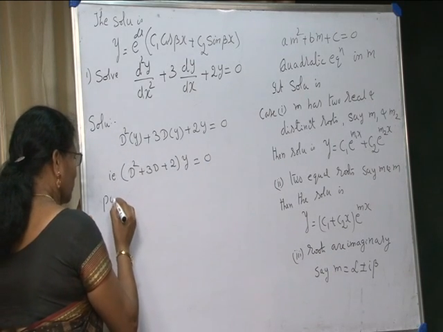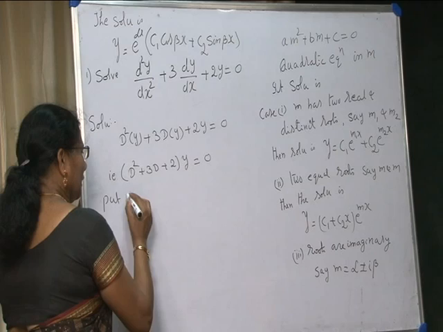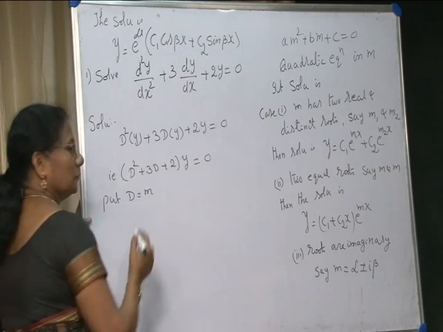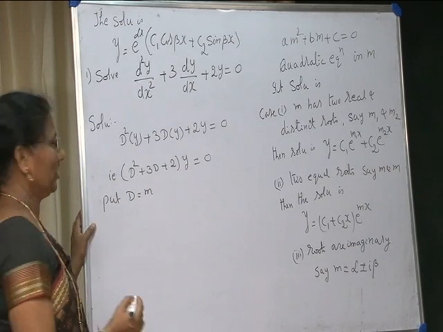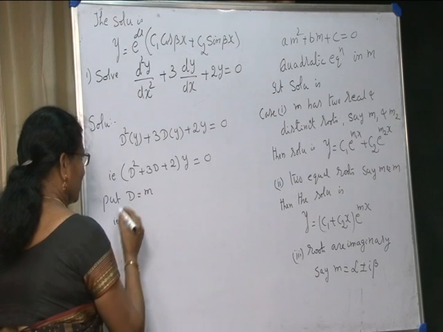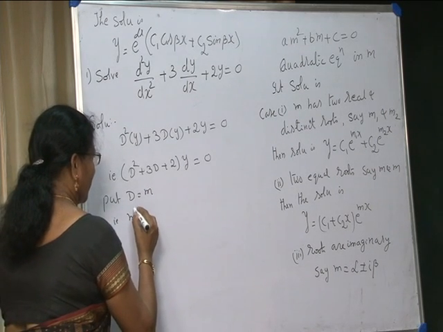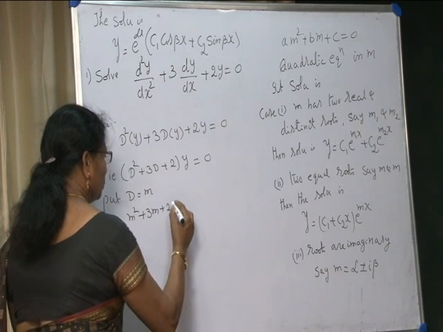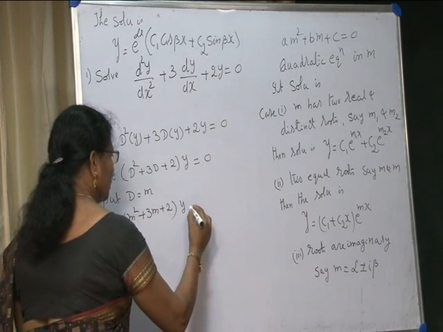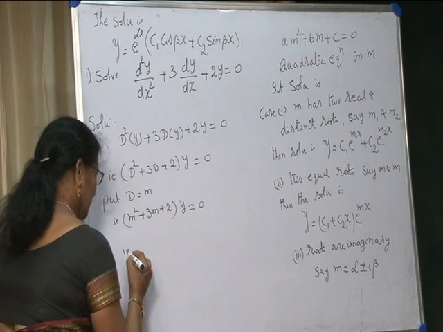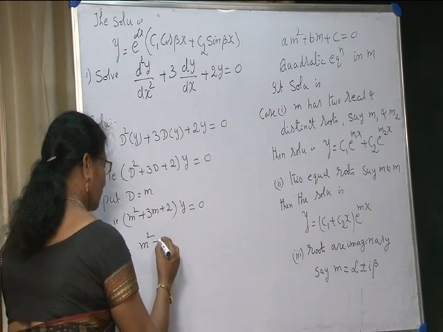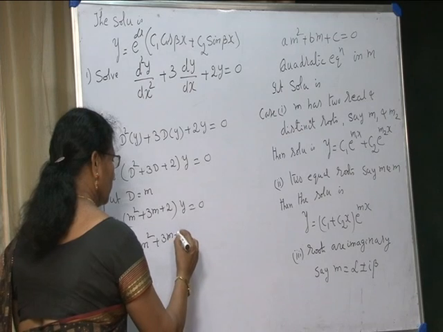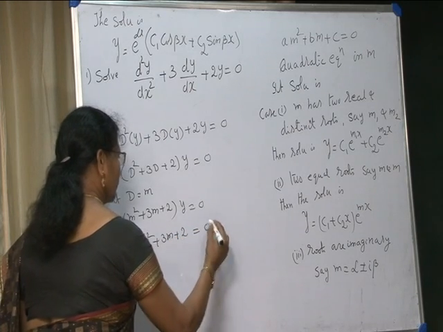Put d is equal to m, then it becomes an auxiliary equation, that is m squared plus 3m plus 2 is equal to 0.